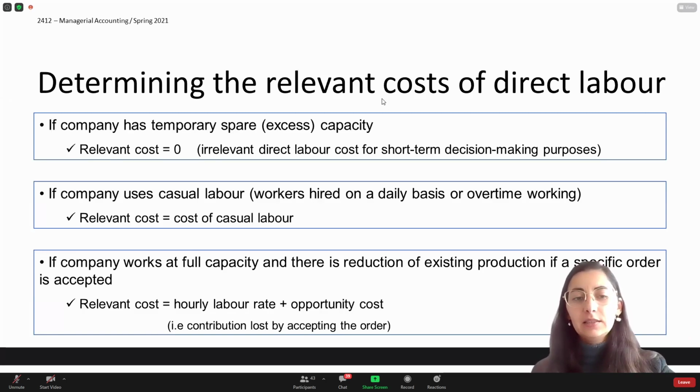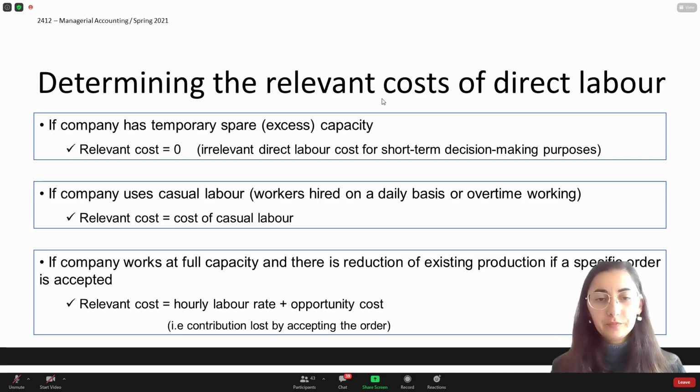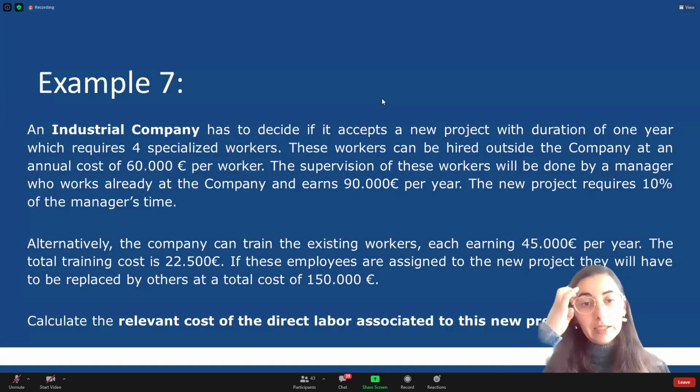In that case, we would consider these extra hours, okay? If the manager is working on something else and will stop working on it, we will consider this 10% of the hours plus the opportunity cost, which is how much is lost because the manager stopped doing something else. So it depends on the assumptions.